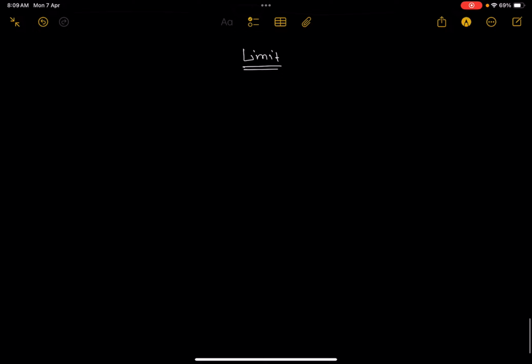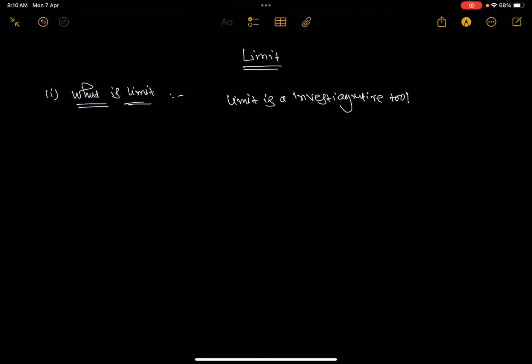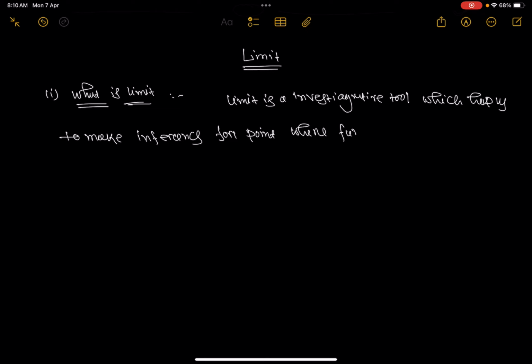At first, what is limit? Limit is an investigative tool which helps us to make inference for a point where the function takes indeterminate form.